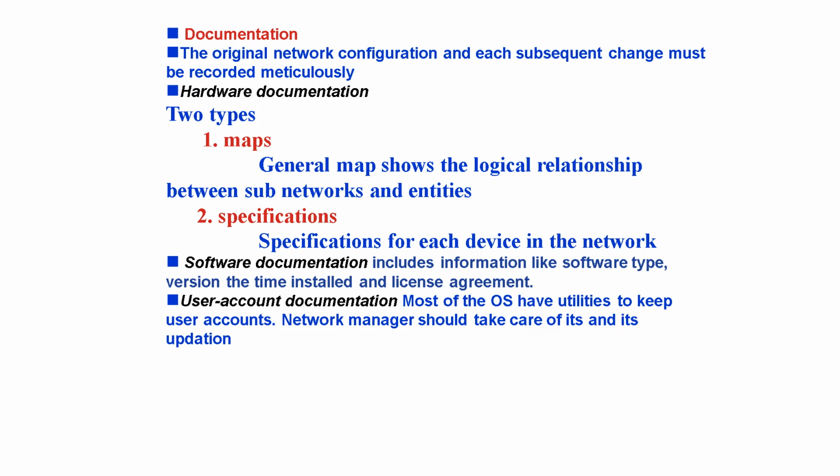The next sub-activity of configuration management is documentation. Original network configuration and subsequent changes must be recorded meticulously. Whenever a new configuration is made in hardware, software, or user management, then all those reconfigurations, as well as the initial configuration from where the changes have been made, must be recorded.